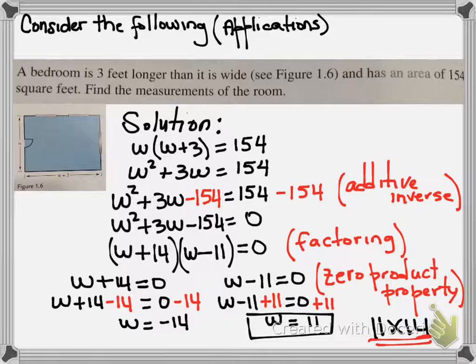Now, ladies and gentlemen, the width cannot be negative 14. I would like you to think about it. Why can it not be negative 14? Distance cannot be negative. That's not possible.